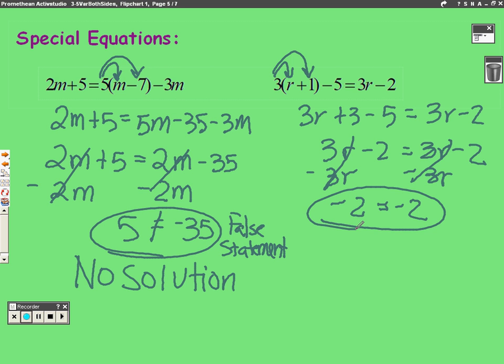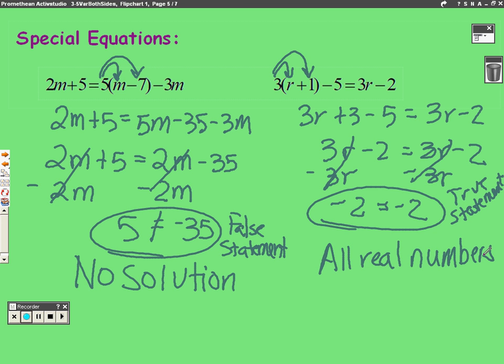Okay, when you end up with a true statement, this means that all real numbers are solutions for this equation.